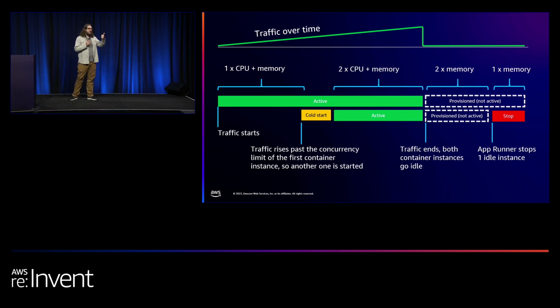So you go from paying 1 times CPU plus memory to paying 2 times CPU plus memory. But when the traffic ends and both of these application instances stop receiving requests, they're both going to go inactive, and you're going to be paying only 2 times memory. If this continues for another short period, App Runner may also say, okay, we don't even need to run 2. We can scale back down to 1 again, and it'll be only charging 1 times memory.